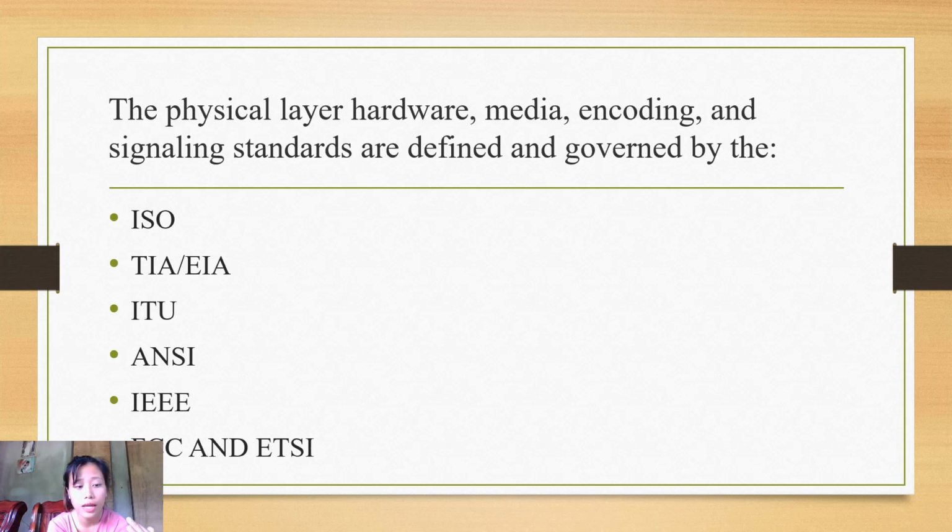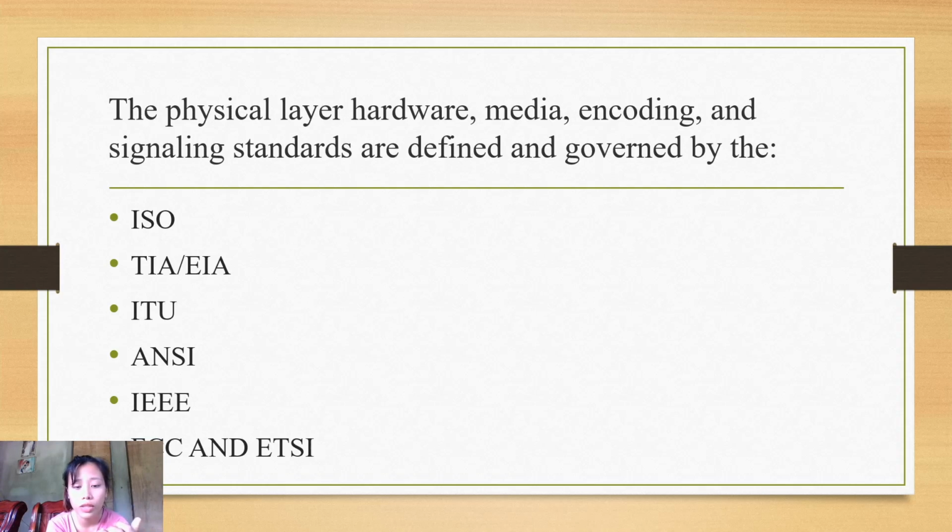TIA or EIA is the Telecommunications Industry Association and or Electronic Industries Alliance. ITU is the International Telecommunication Union. ANSI is the American National Standards Institute.